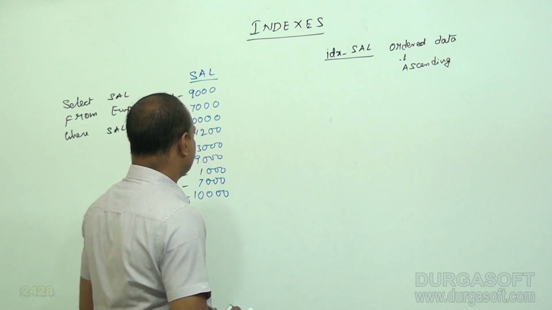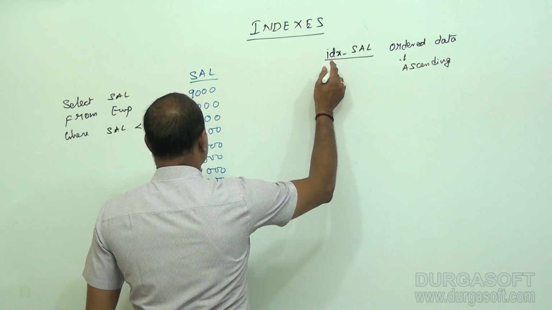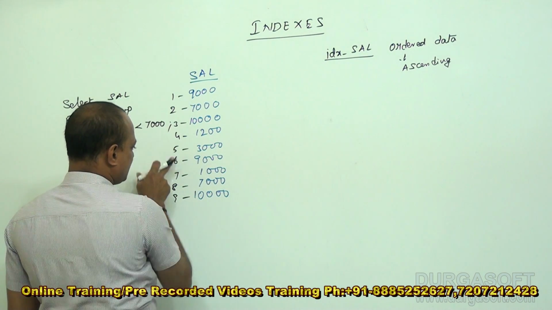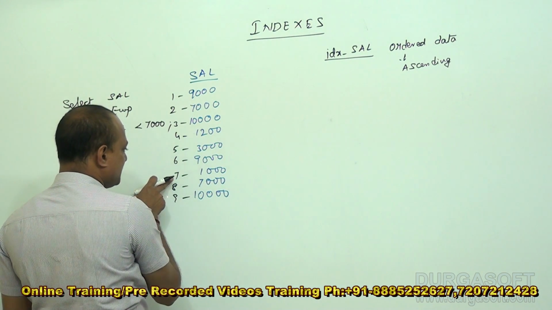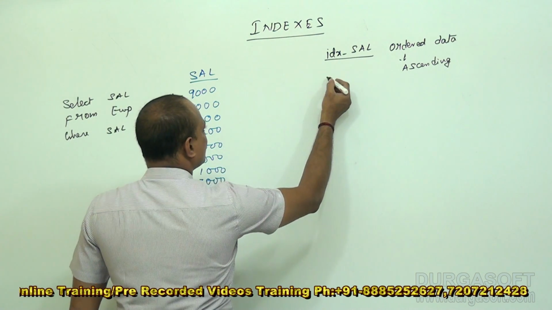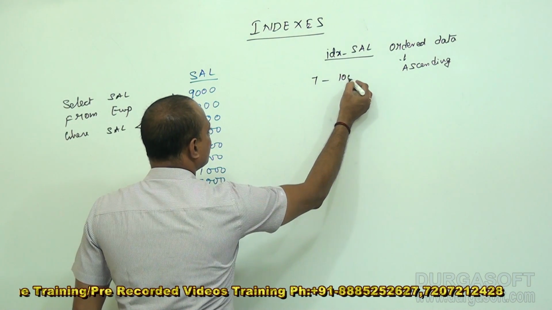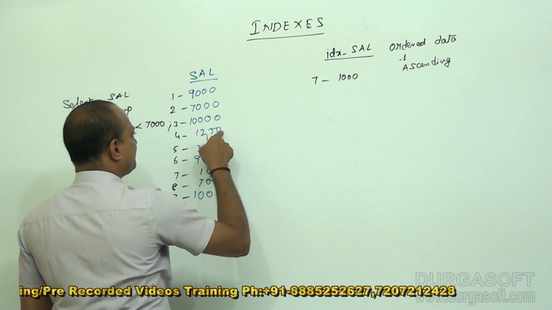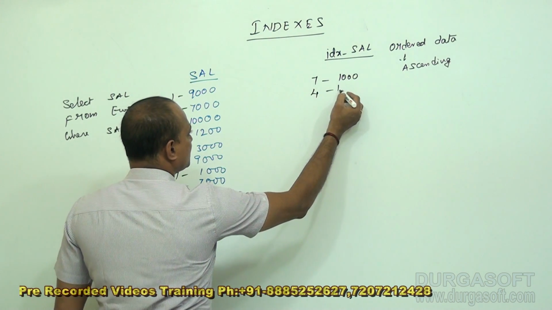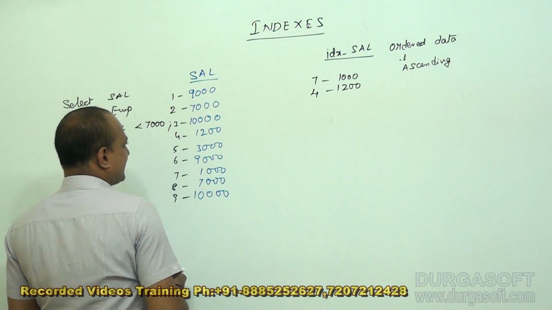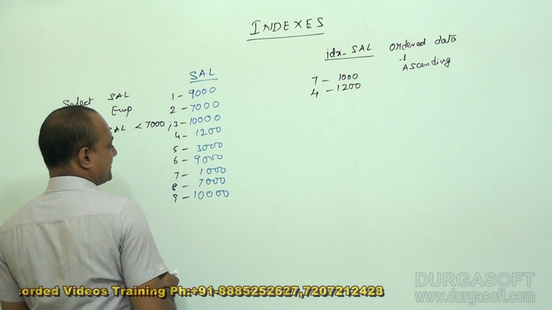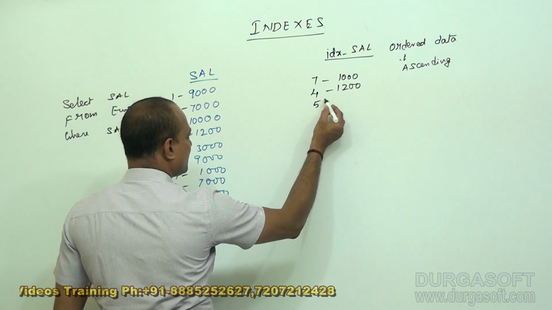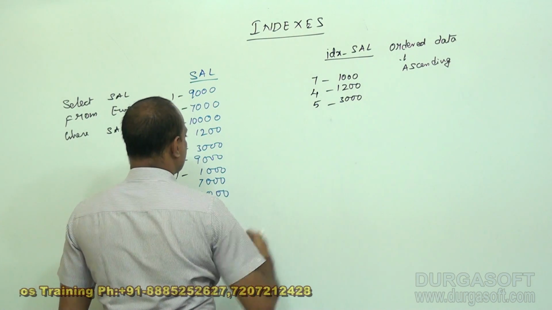Now, what is the least salary? Here the 7th value, 1,000. Next value, 1,200, the fourth value. Next, 3,000.